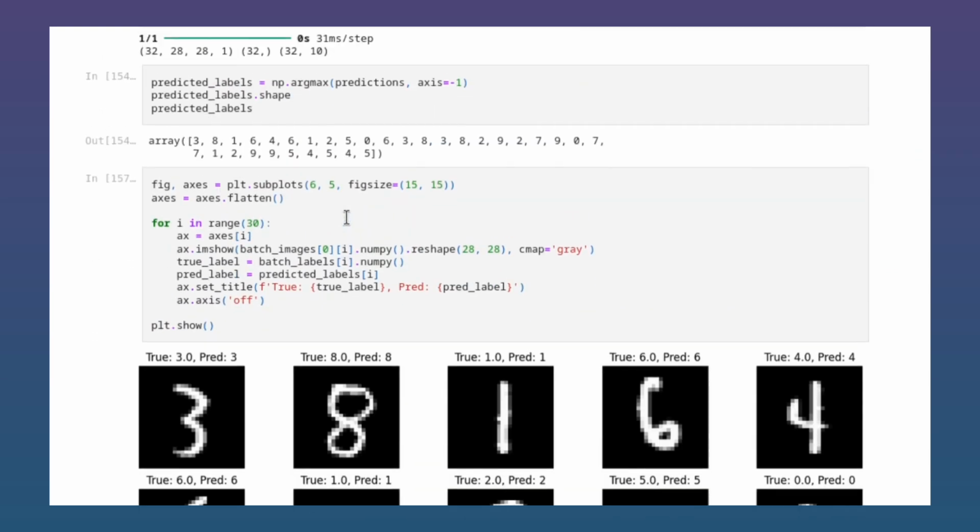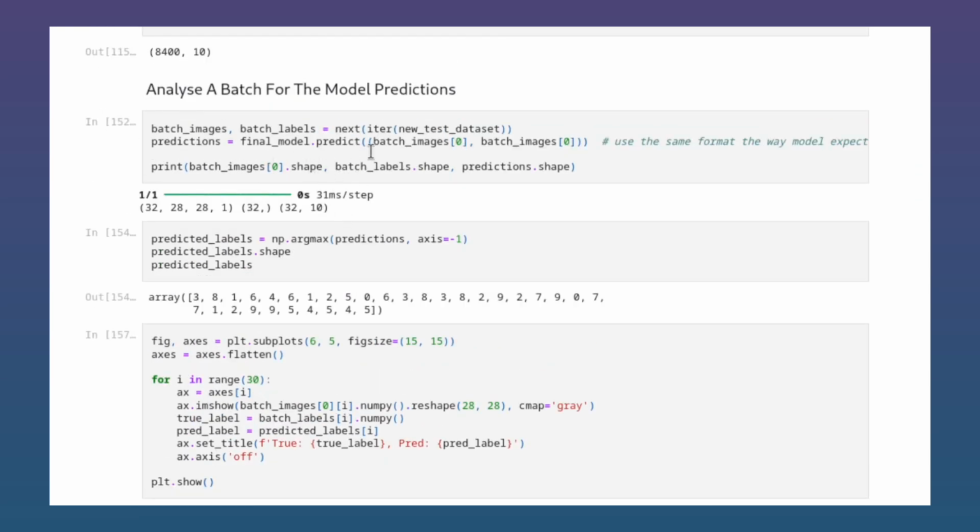And here, just for the sake of analysis, I have taken one batch from this data set, and I have made the prediction on the batch. Whenever you are doing the prediction for the batches, you will be passing the input in that format, and this is something you should be doing because we have dual inputs.